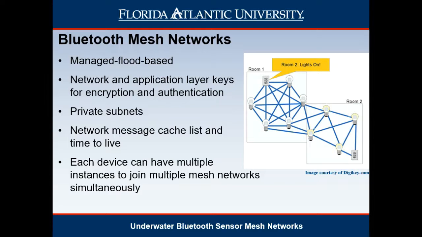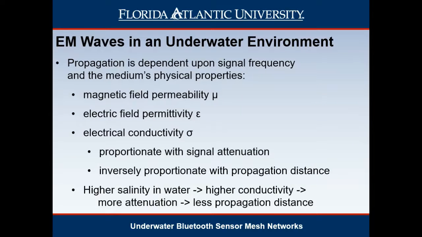And of course, each individual device can have multiple instances of itself running at the same time, so that it can actually act as multiple devices simultaneously, being part of multiple mesh networks, either public ones or private subnets.